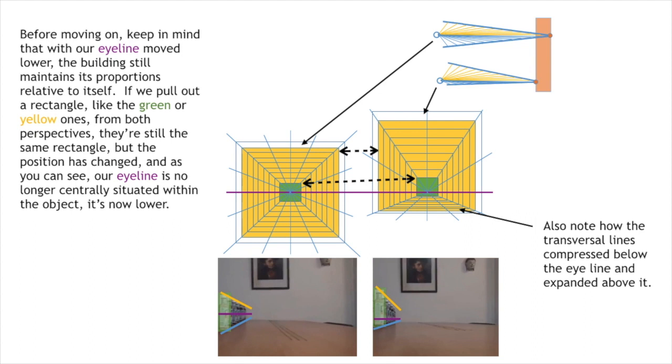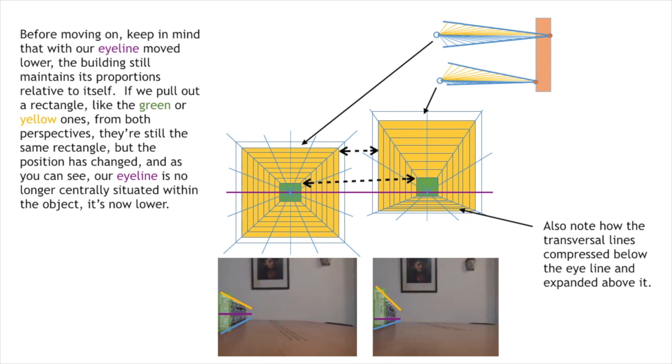And as you can see, our eye line is no longer centrally located within the object. It's now lower. So the purple line, when we move our eye height down within perspective, becomes lower along that object. As the object gets further away, it still diminishes in size the same way, but it does so at a different rate from top to bottom.